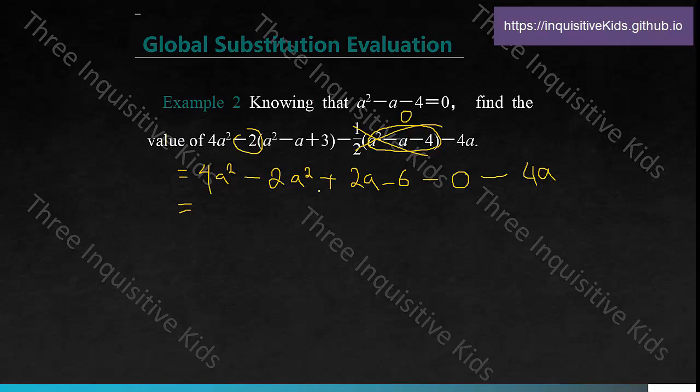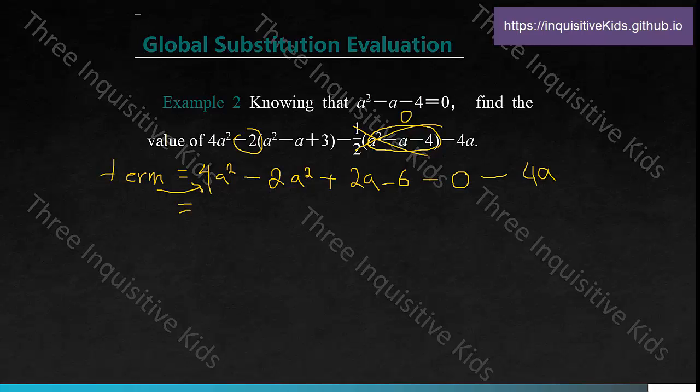Well, how can I simplify it, you may ask? Well, let's look. So one of these values that are connected by the addition and subtraction is called a term. A term of this expression. So that's a term.